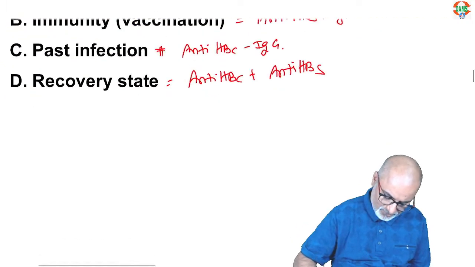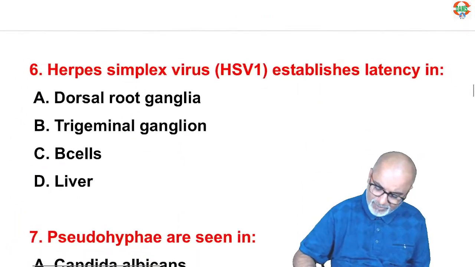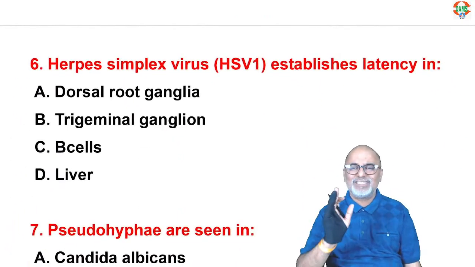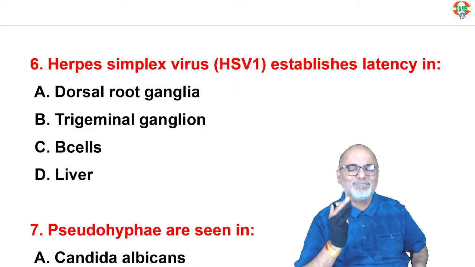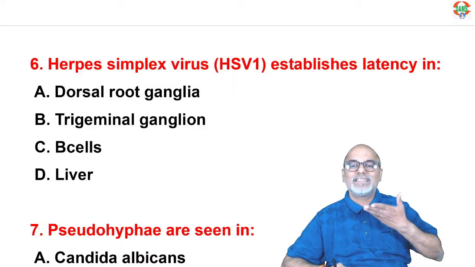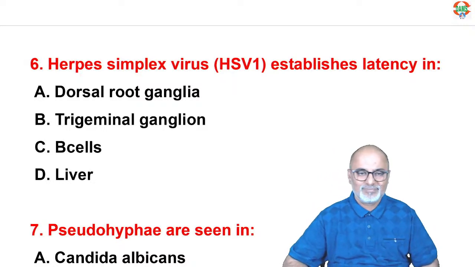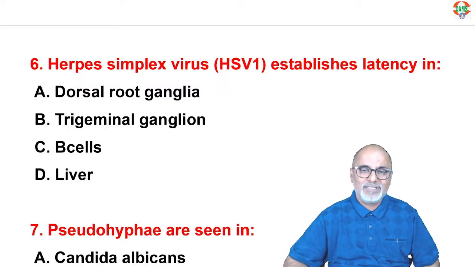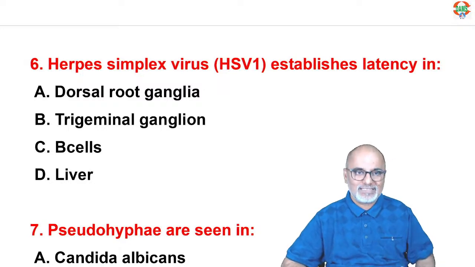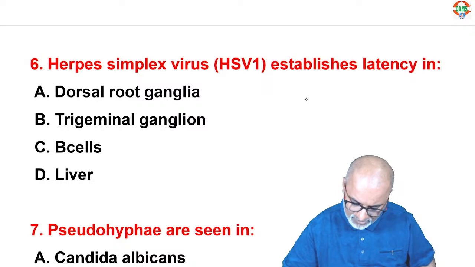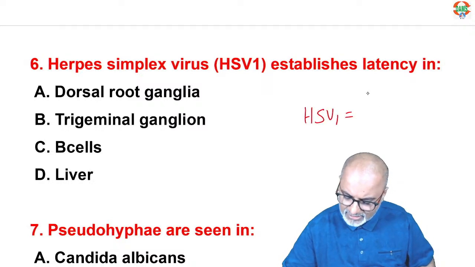Next is: herpes simplex virus establishes latency in which site? Herpes simplex virus 1 is above the waist, face, and herpes simplex 2 is below the waist. So herpes simplex 1 is trigeminal ganglion.